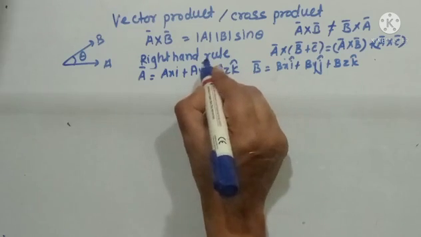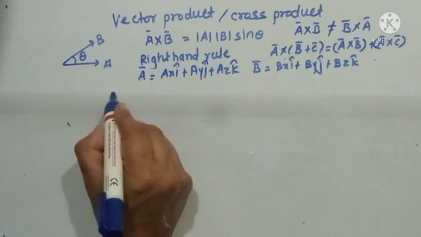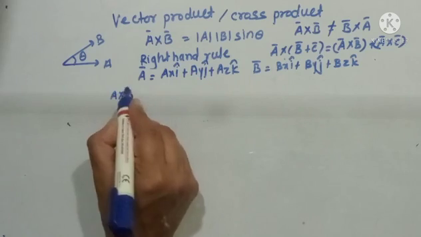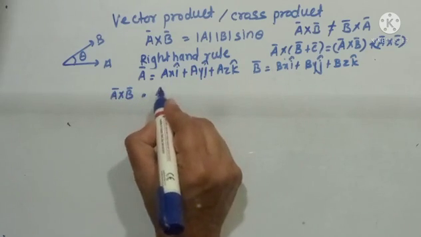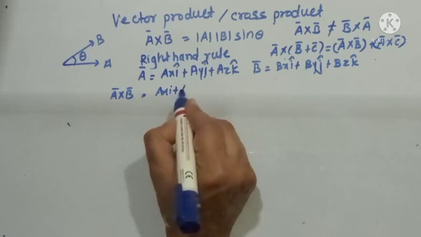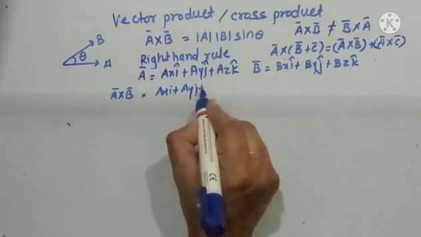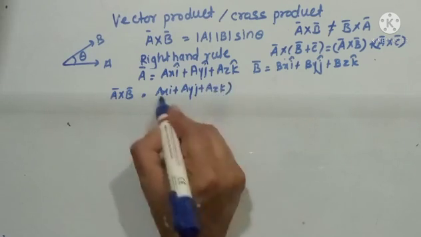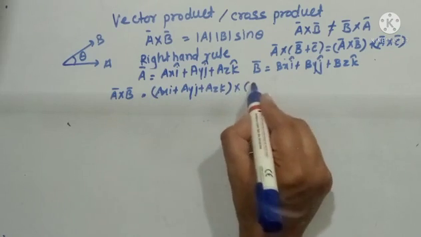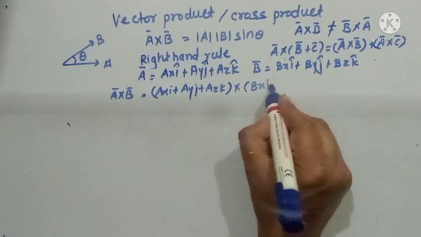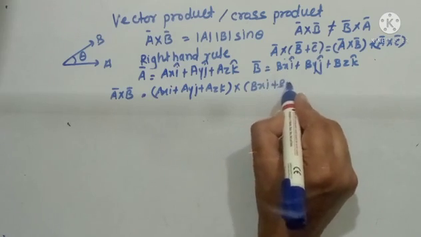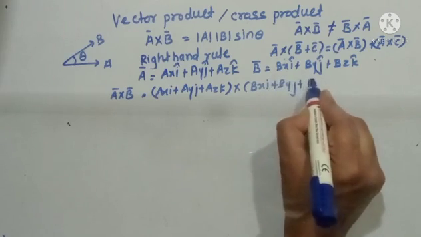Then their cross product is given by vector A cross vector B equals (ax i plus ay j plus az k) cross (bx i plus by j plus bz k).